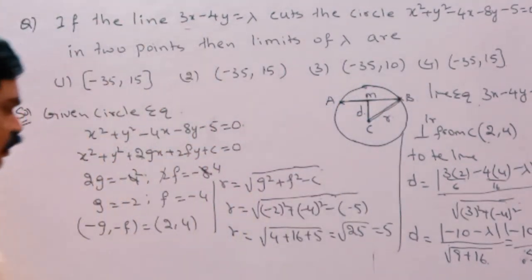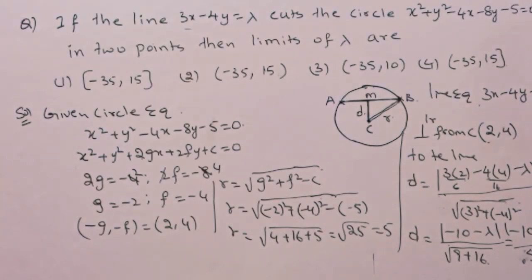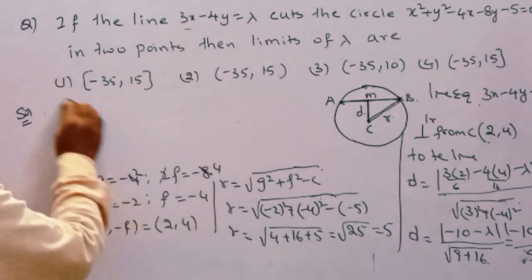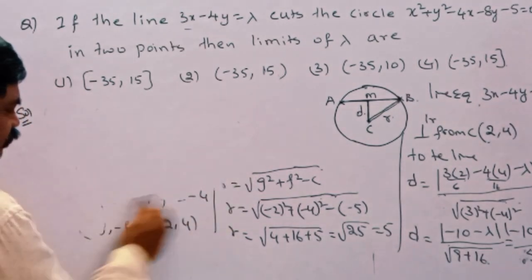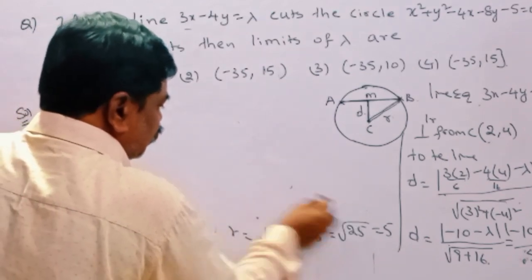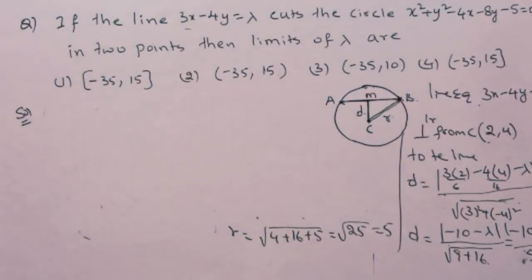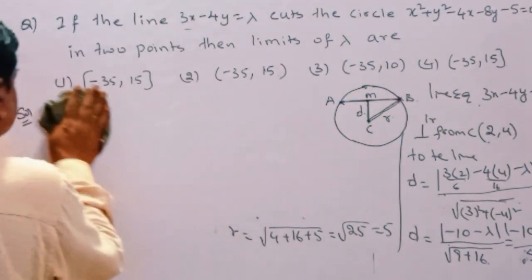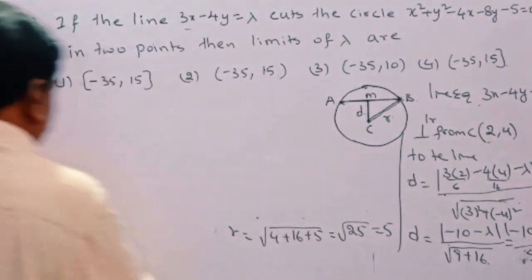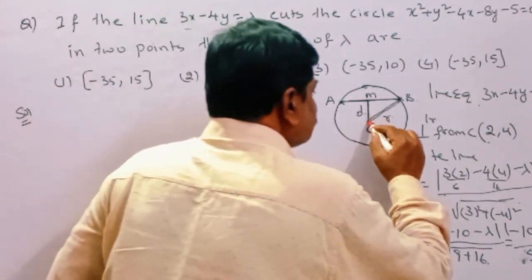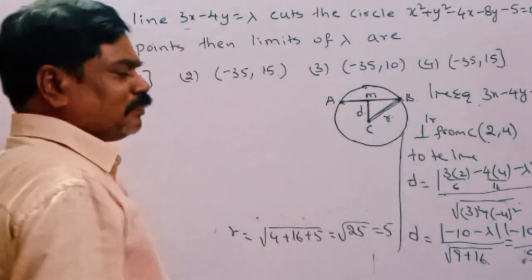Okay, all of you. Then what is the condition? If the line cuts the circle, the condition is r is greater than d.